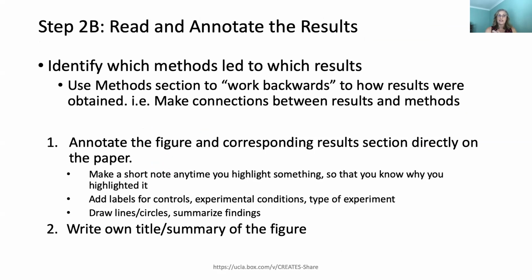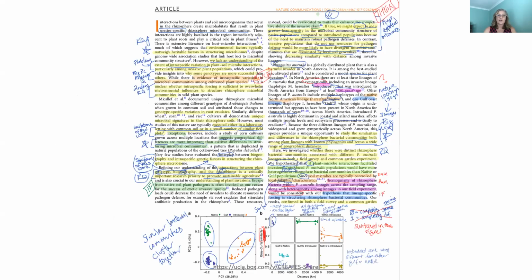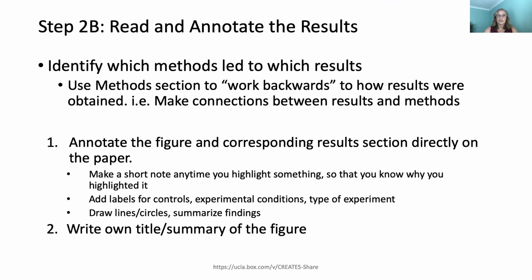So we're using the methods section to work backwards to how these results were obtained. All right, so again, a couple sub-steps to this. We want to annotate figures and write notes directly on the results section. Right, so again, here is an example of this article annotated and to identify what's happening in the results sections.